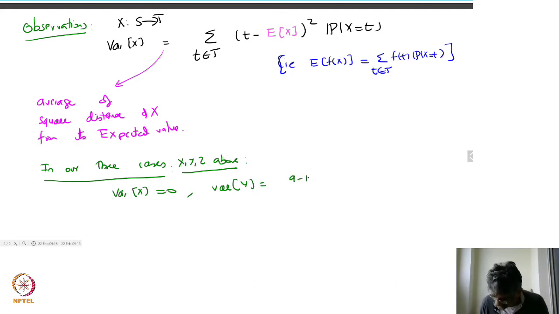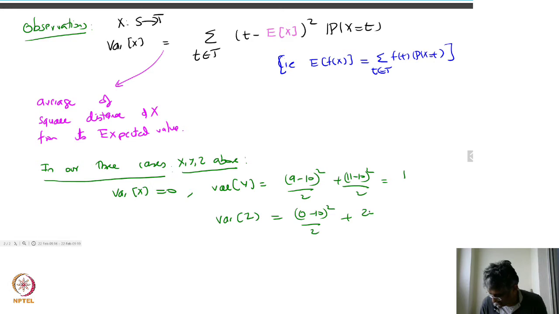So it's (9 minus 10) squared times a half, plus (11 minus 10) squared times a half. 9 minus 10 is 1, 11 minus 10 is 1, half and half is 1. And what is variance of z now? Variance of z is (0 minus 10) squared times a half, plus (20 minus 10) squared times a half. That's 100 plus 100 by 2, and that's 100.